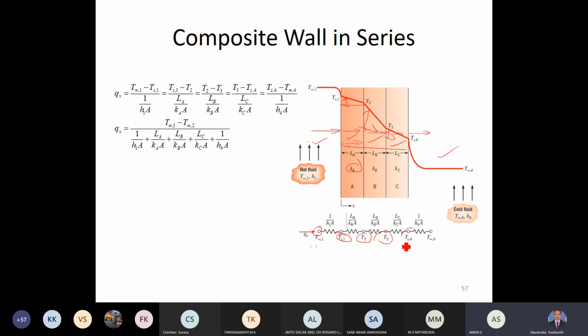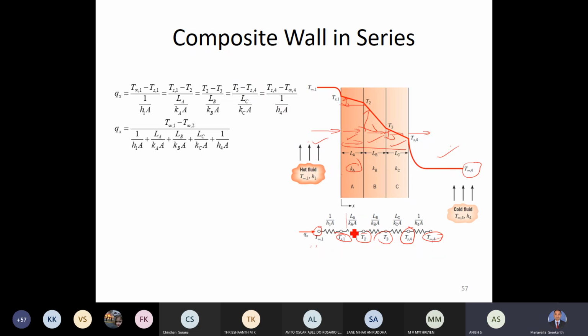The final fluid temperature on the other extreme is T infinity 4. So we first mark all these temperatures from the inside to outside. These are all the temperatures involved.